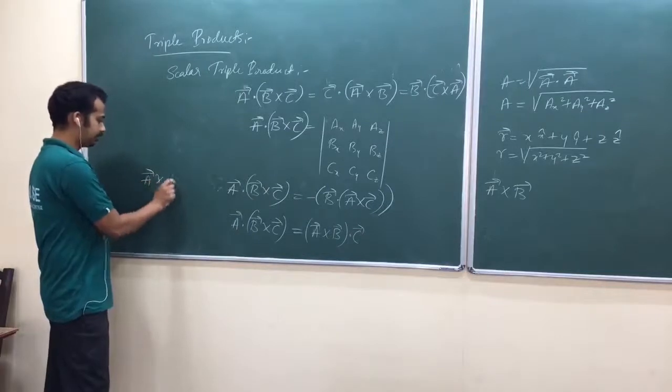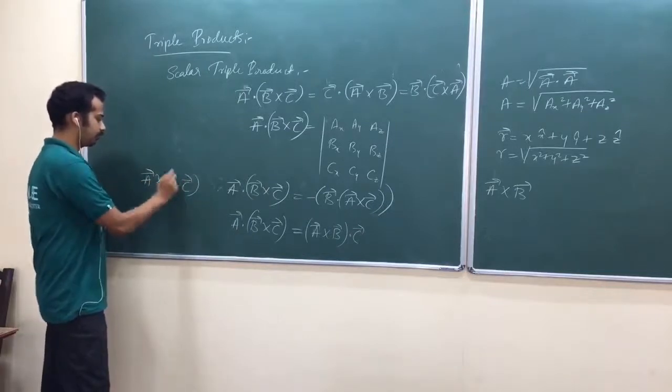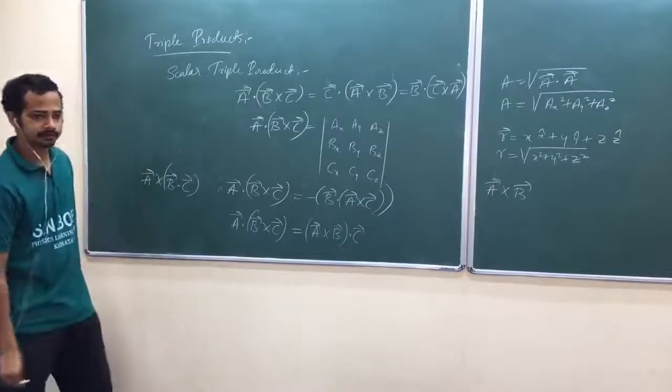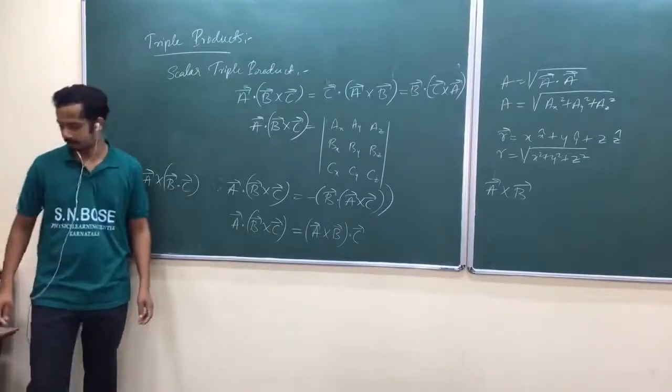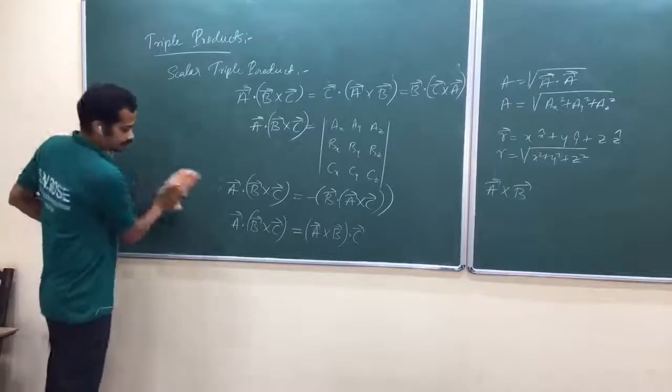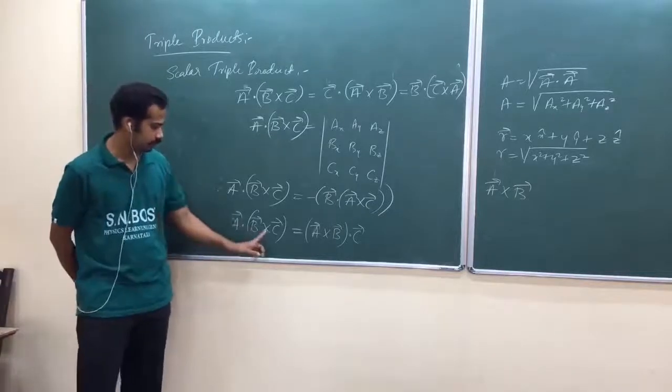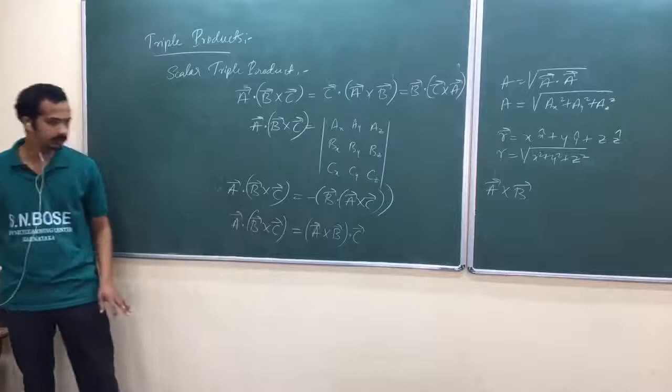A cross B dot C has got no meaning. I hope you get that. Why? It's a scalar. How do you take a cross product with a vector, isn't it? You can interchange dot product and cross product, isn't it?